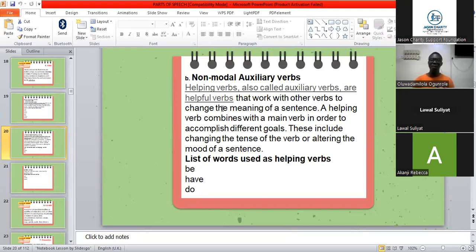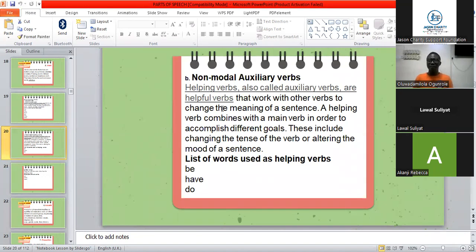I want us to know that for the non-modal verbs, you can use them both as auxiliary verbs and as lexical verbs or main verbs. You can use them as auxiliary verbs and you can use them as main verbs in your sentences. So I can say, I have to do the job. And now, have there, I have used it as an auxiliary verb.